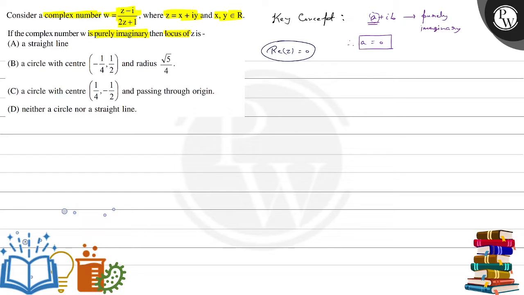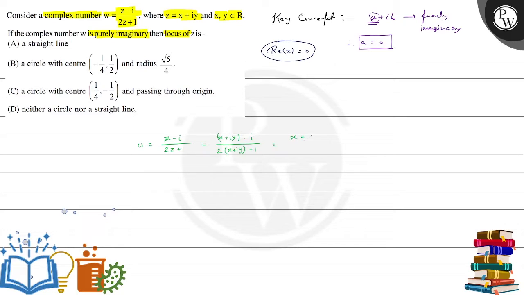Now let us see. W is given as (z minus iota) divided by (2z plus 1). Let us try and simplify this. Of course, in place of z, we are going to put x plus iy, divided by, again, 2 times (x plus iota y) plus 1.